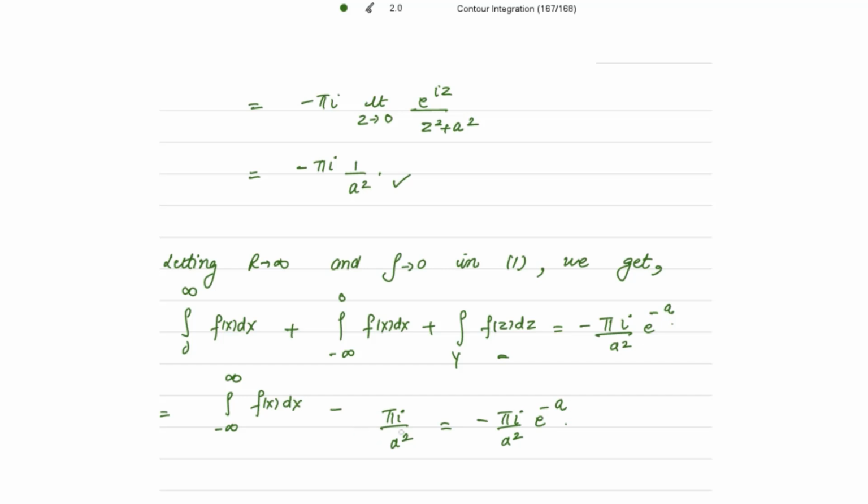Fine. Just take this to the other side. I will get negative infinity to infinity f of x dx is equal to pi iota over a square minus pi iota over a square e to the power minus a.